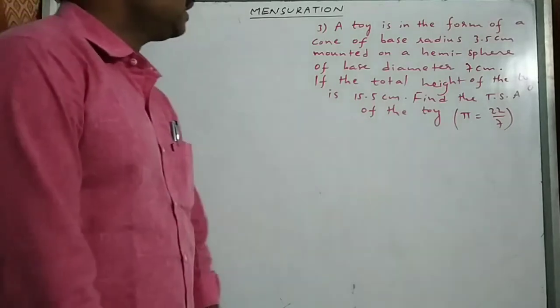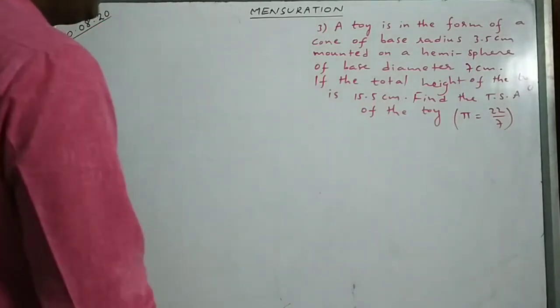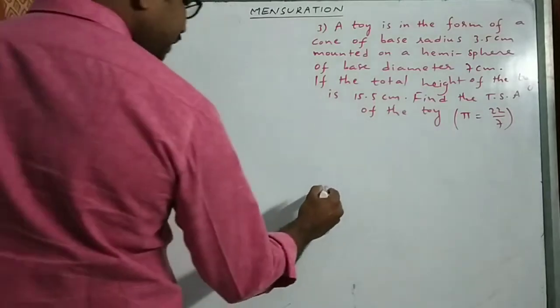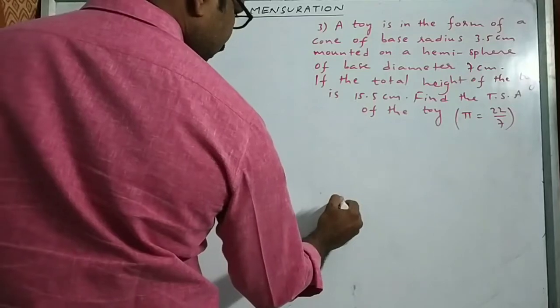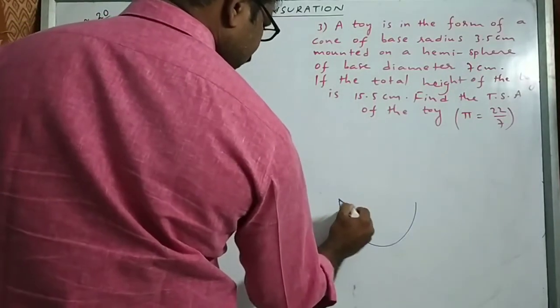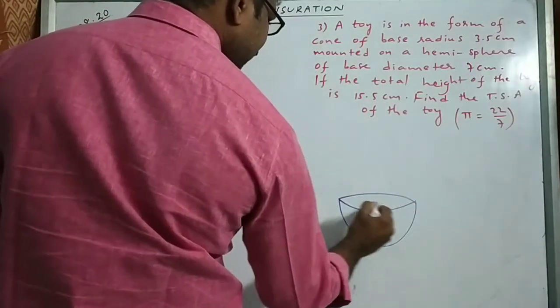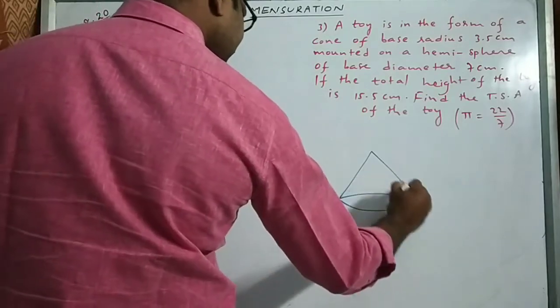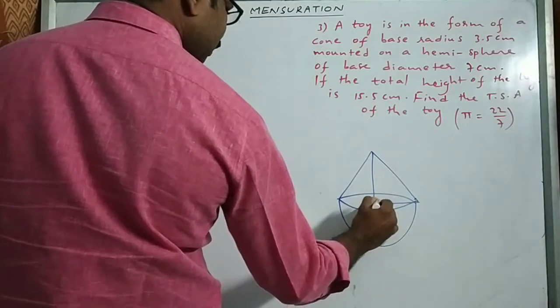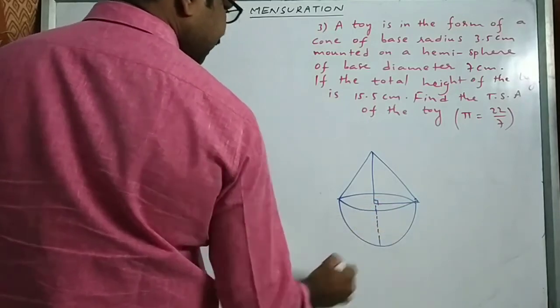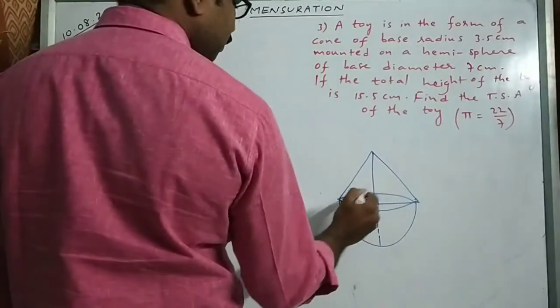A toy is in the form of a cone of base radius mounted on a hemisphere. First draw a hemisphere. On that hemisphere, a cone is there, a right circular cone. Base radius is common for both.